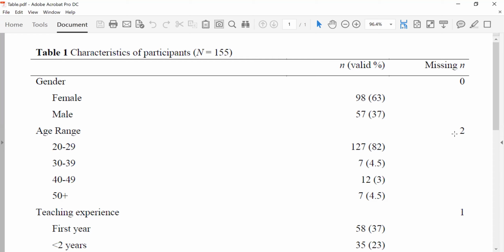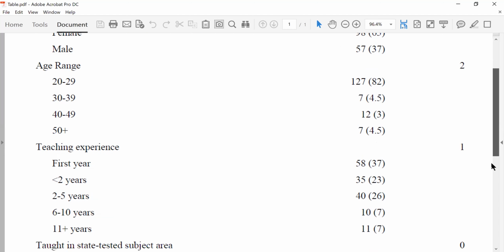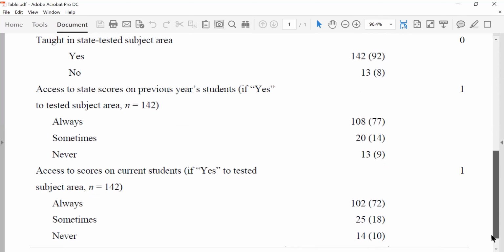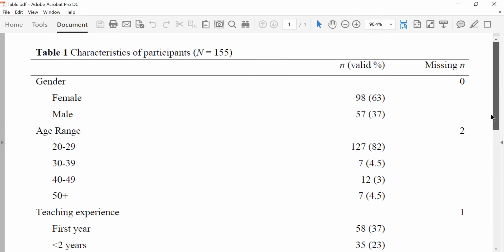If we have missing cases, these will still add up. The percents in parentheses will still add up to 100% because they are using as a denominator 155 minus 2. And so this is just a way of reporting the characteristics of the full sample while indicating how much missingness there is.